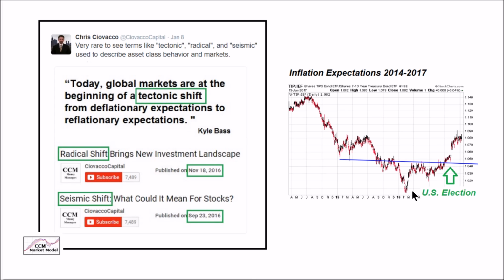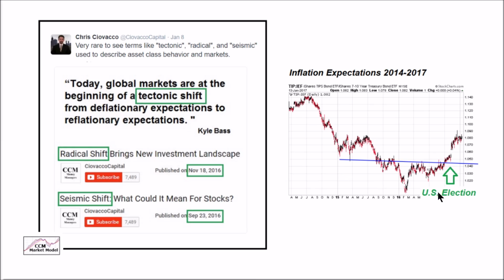Then it starts to base, and then we get the final nail in the coffin for the tectonic shift, or what we cited and called a radical shift on November 18th, and we also used the term seismic shift on September 23rd.